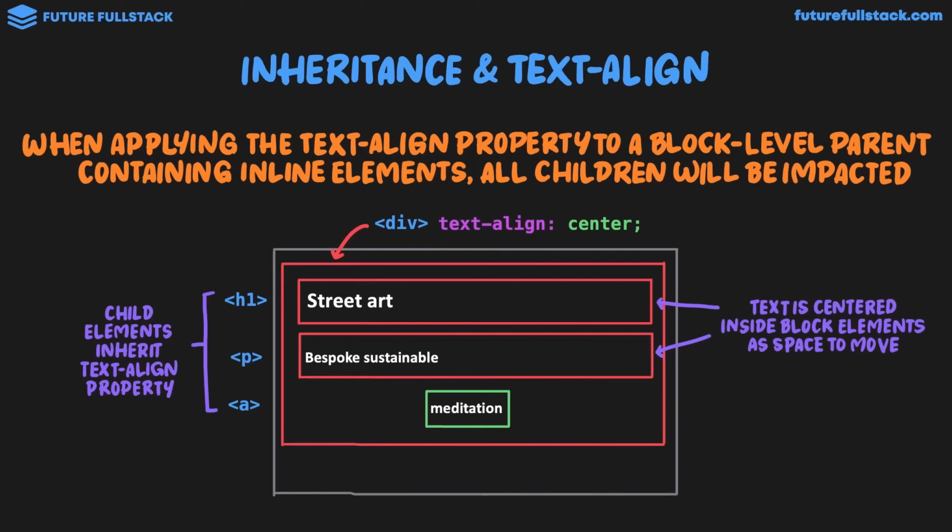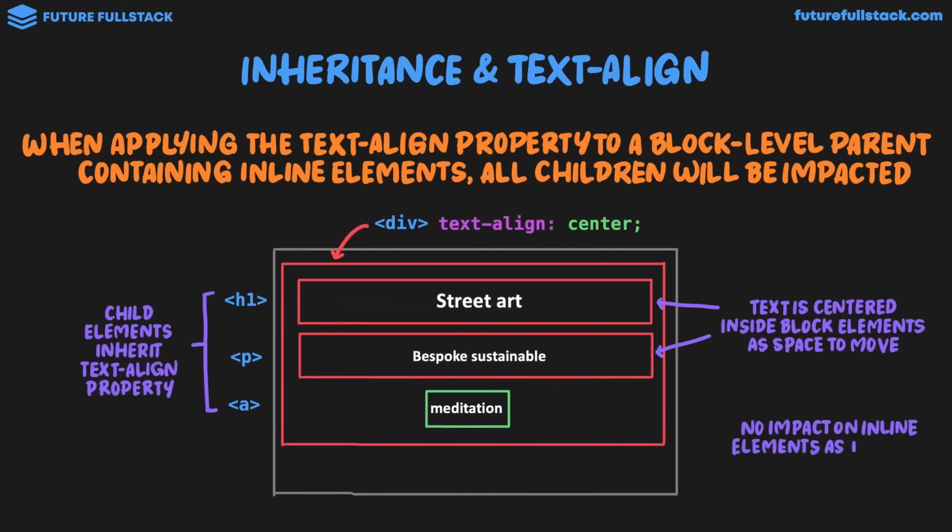So the second thing that would happen is our text inside our block elements, H1 and paragraph, will center. And there's no impact on inline elements as text has no space to move. Again, this is just a regular behavior we've always seen. When you try to apply text-align center onto an anchor tag, it won't move. And in this case, the text-align center property has been inherited from the parent div.